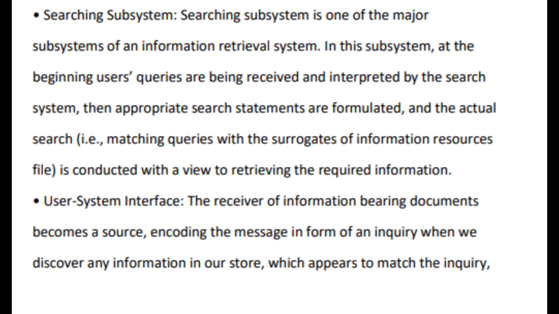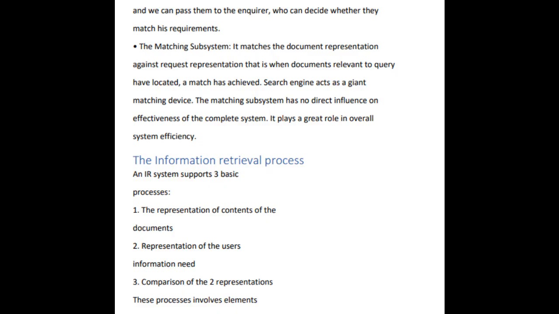User system interface. The receiver of information-bearing documents becomes a source, encoding the message in the form of an inquiry, when we discover any information in our store which appears to match the inquiry. And we can pass them to the inquirer, who can decide whether they match his requirements.